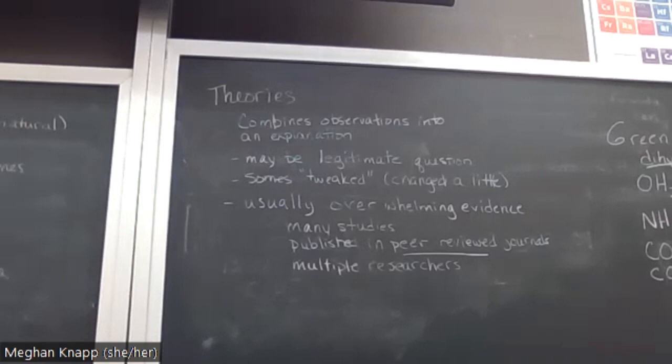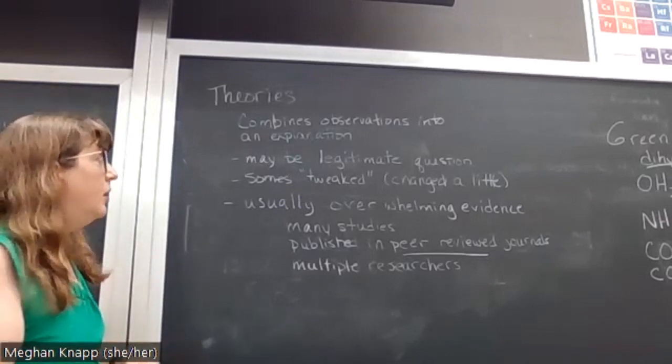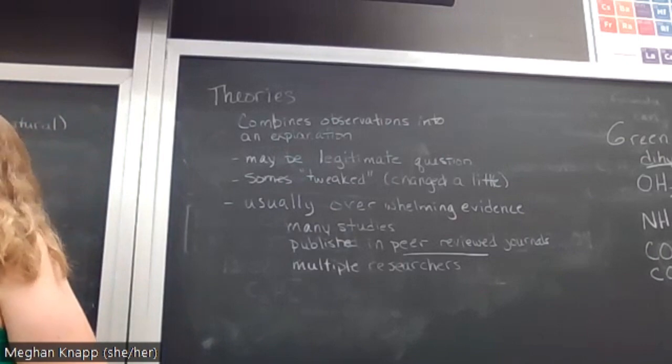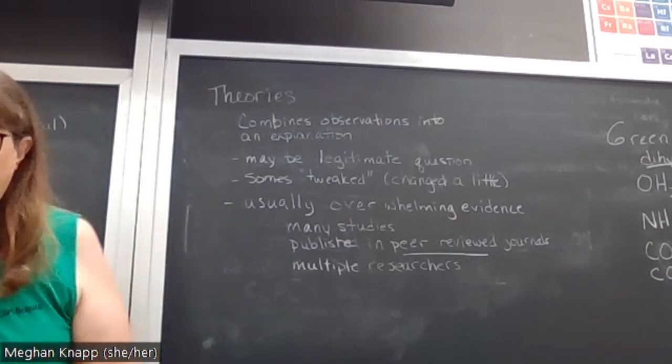And he was also basing his, I'm sorry, not his law, his theory, on a law that Proust came up with. So there were lots of different people that did the work that ended up being a part of that theory. Okay, so that's the difference between laws and theories.